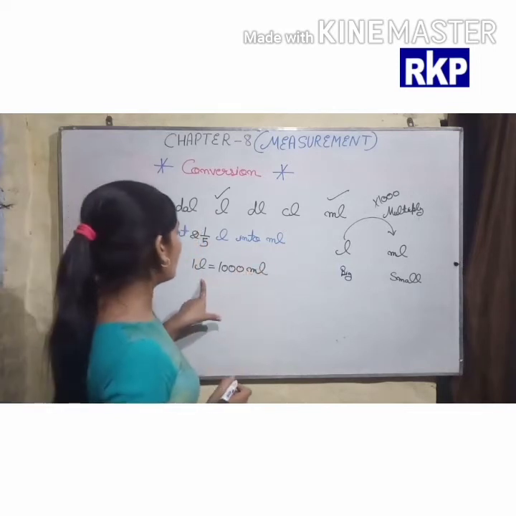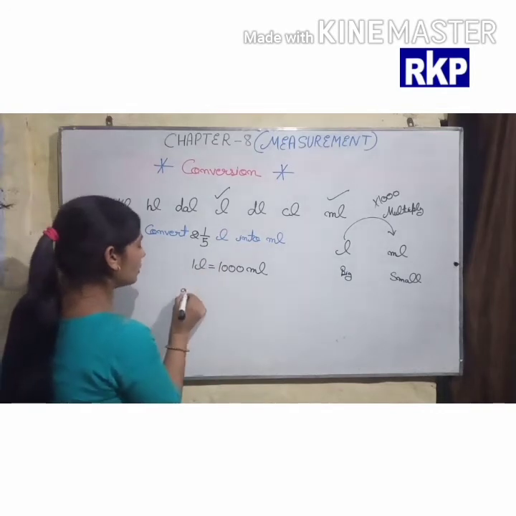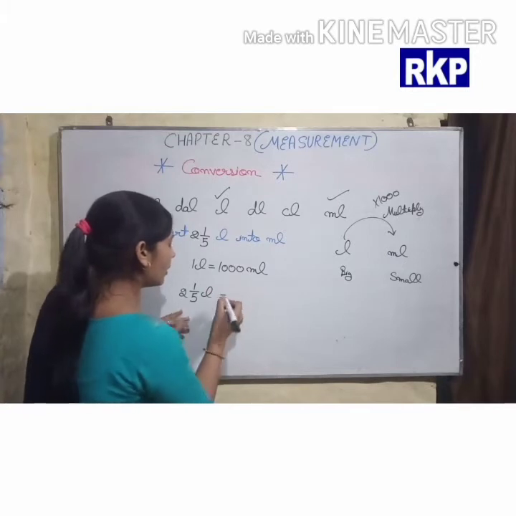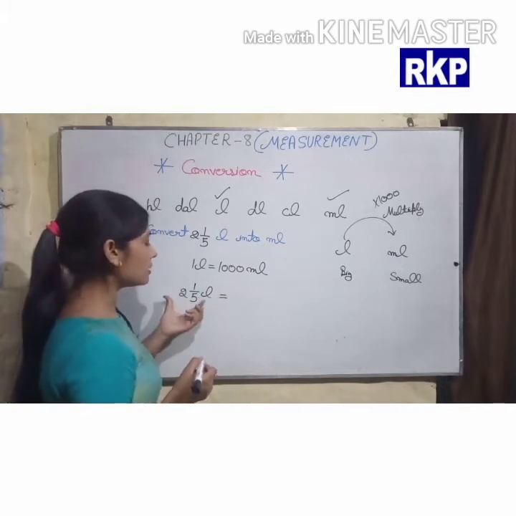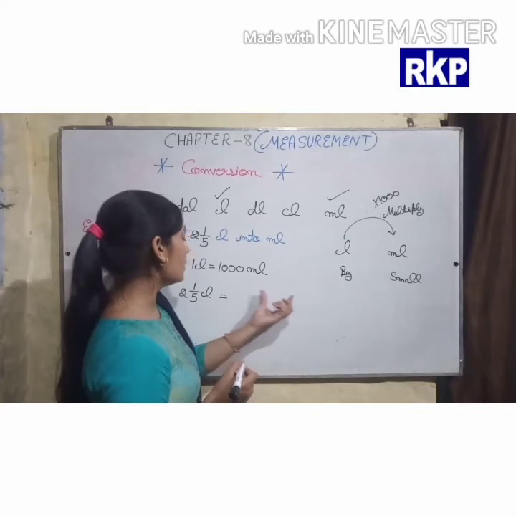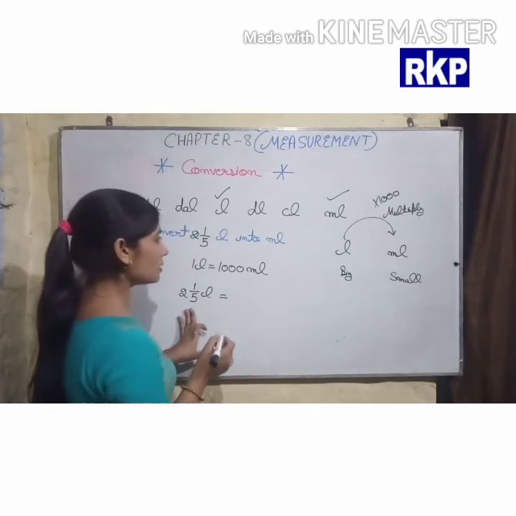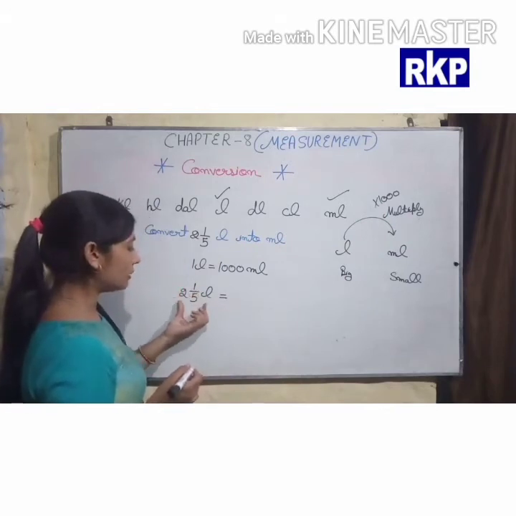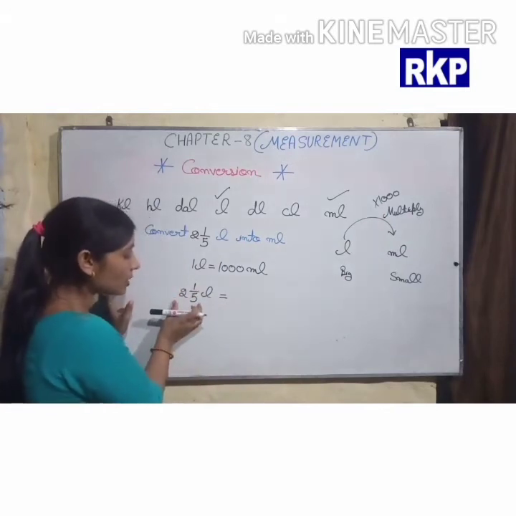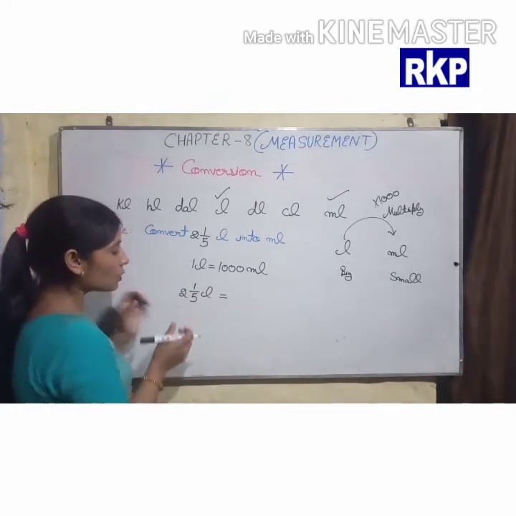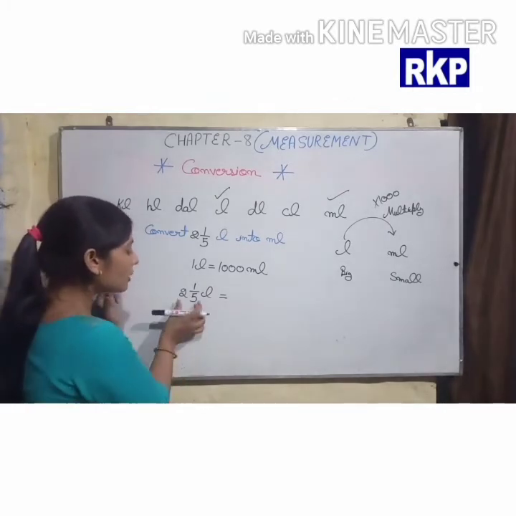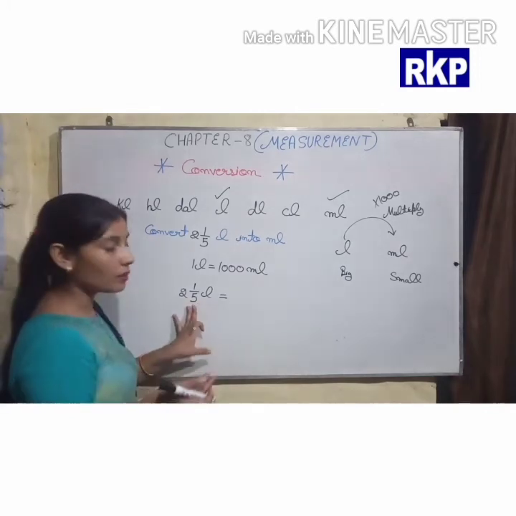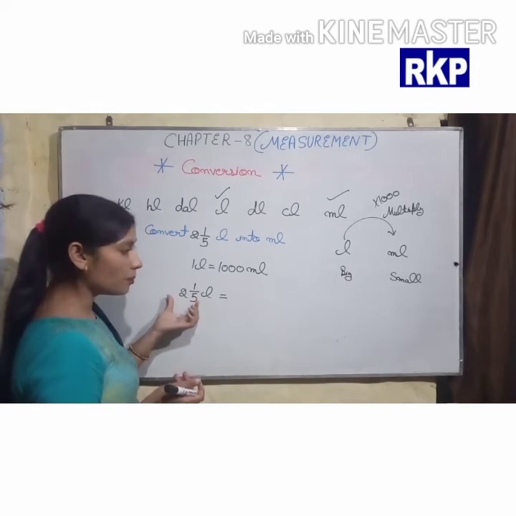Okay, so now beta we have to write 2 and 1/5 liter as it is, and now we have to convert this liter into milliliter. Okay, so now we have to multiply this with 1000, but here beta 2 and 1/5 liter, here 2 and 1/5 is a mixed fraction. Okay, so first of all we need to convert this into improper fraction, and you know how can we convert this mixed fraction into improper fraction?